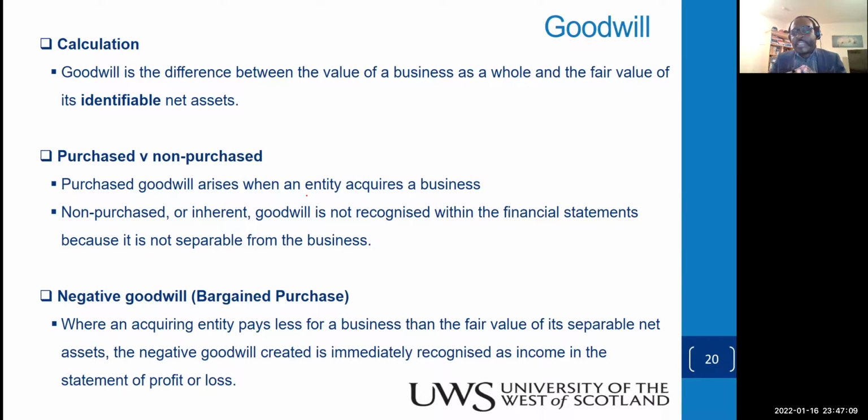So if the fair value of identifiable net assets of Amazon is $100 billion, and you go in to negotiate with Jeff Bezos, and you end up buying it for $80 billion, you have saved 20 billion, haven't you? So buying it for less than that value is what we call negative goodwill or bargain purchase.